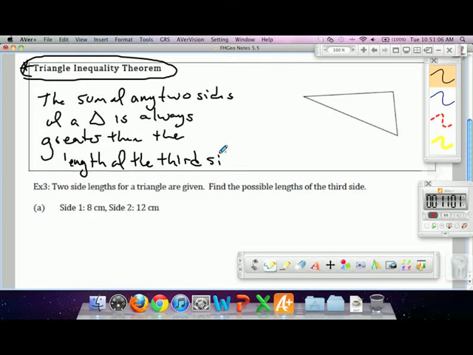Okay. It says that no matter how you choose it, if you pick any two sides whatsoever in a triangle and you add their lengths together, it's always bigger than the third side.